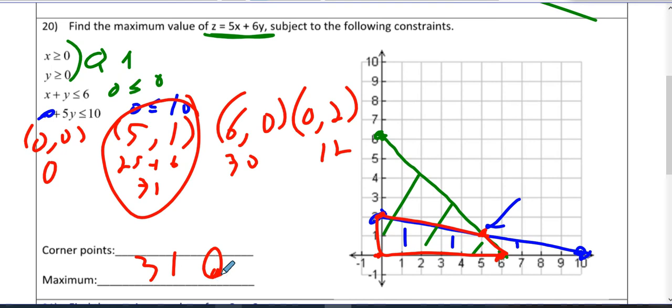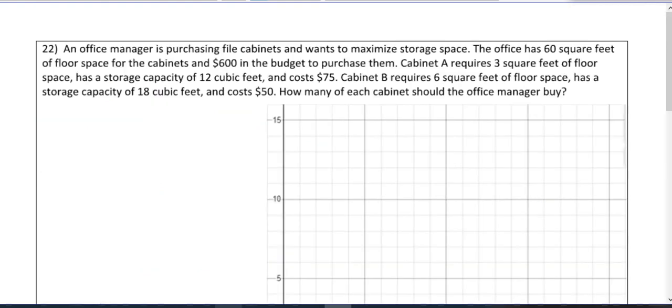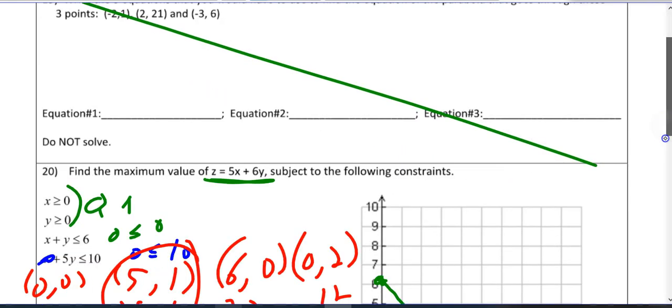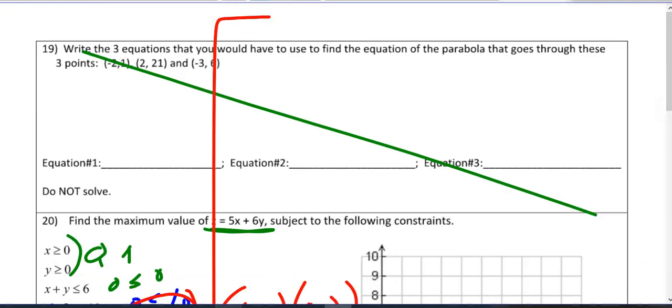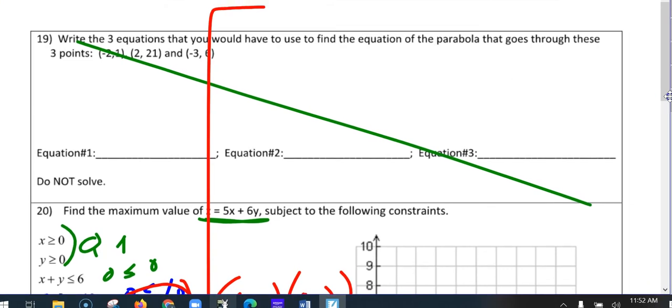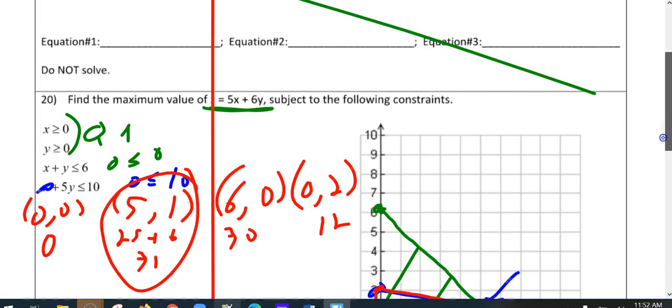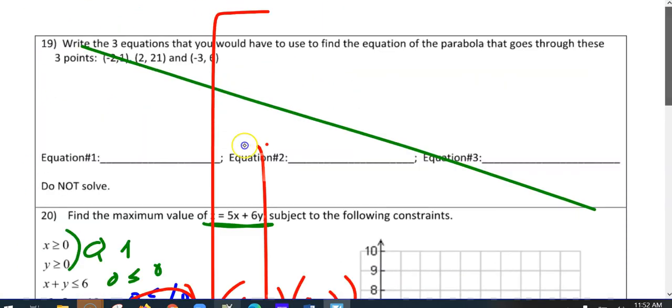It doesn't ask for this, but all right. So here's my z.